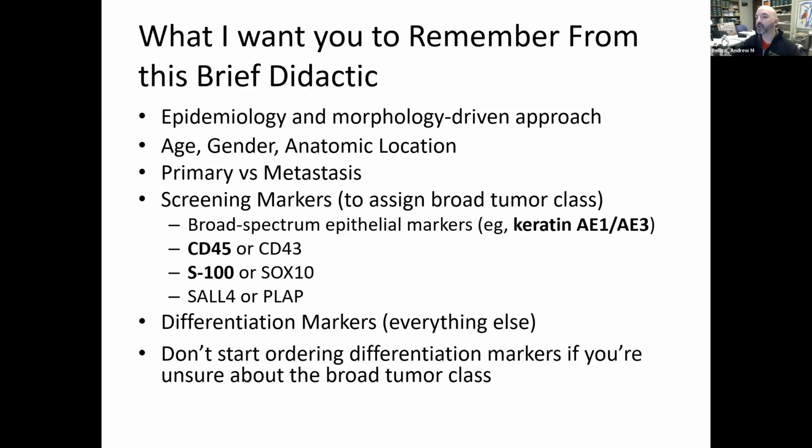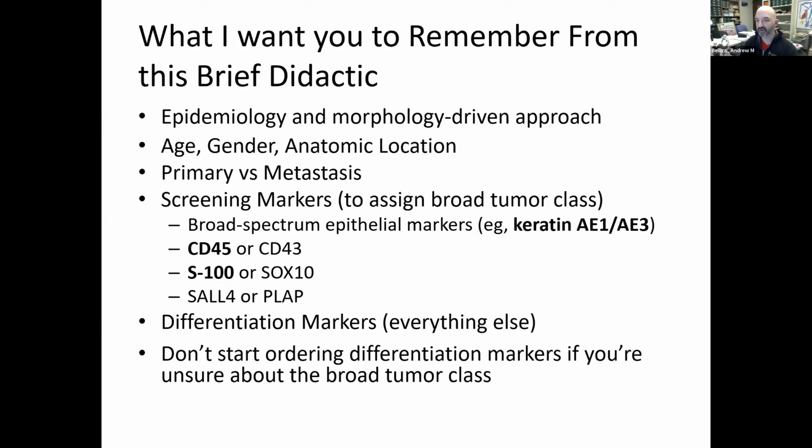If you could only order one immunohistochemical stain, it would be a well-optimized broad spectrum epithelial marker, for example, keratin 8E1, 8E3, to rule in or out a diagnosis of carcinoma. And the screening markers are: broad spectrum epithelial marker, CD45 or CD43 for hematolymphoid, S100 or SOX10 for melanoma, and SALL4 or PLAP for germ cell tumor.